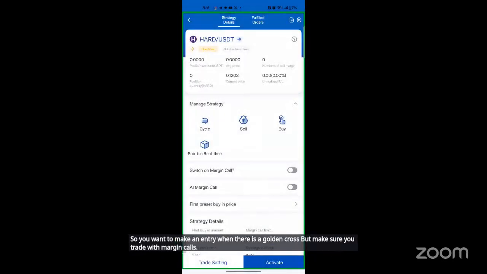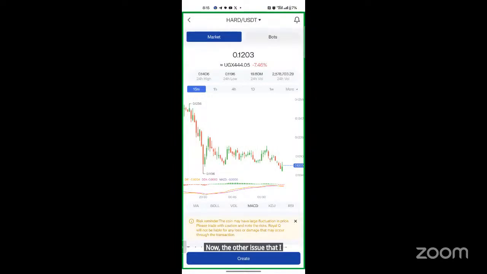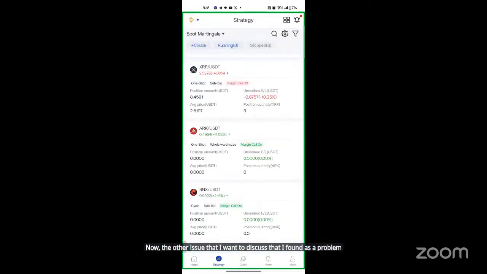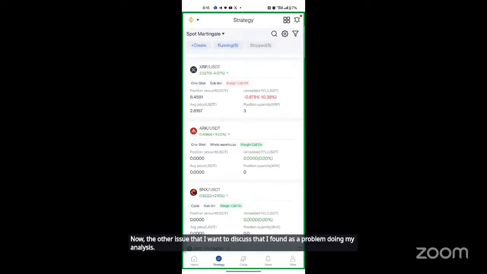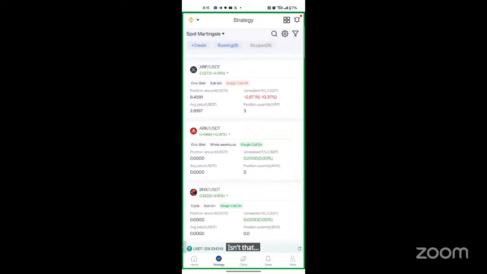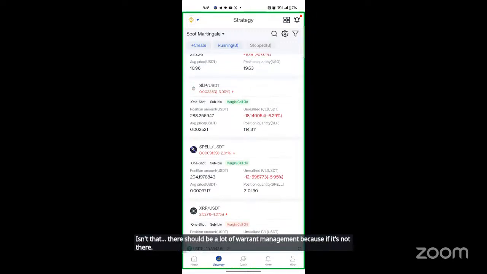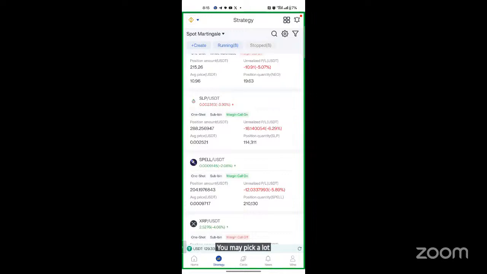Now, the other issue that I want to discuss that I found as a problem doing my analysis is that there should be a lot of wallet management, because if it's not there, you may pick a lot of coins and your money gets stuck in so many coins.